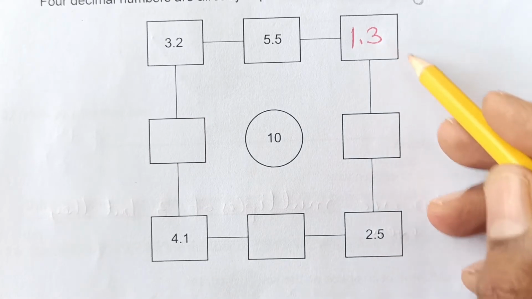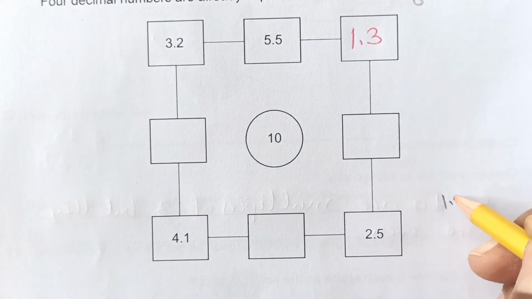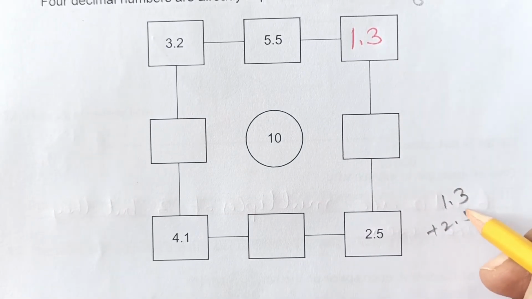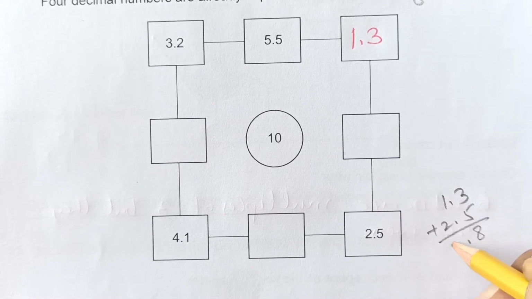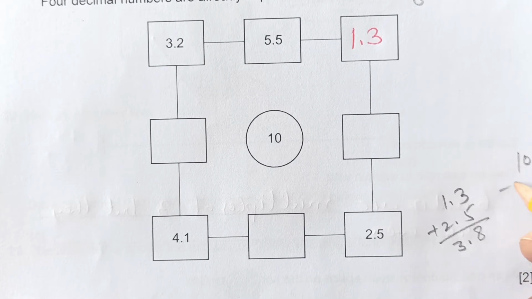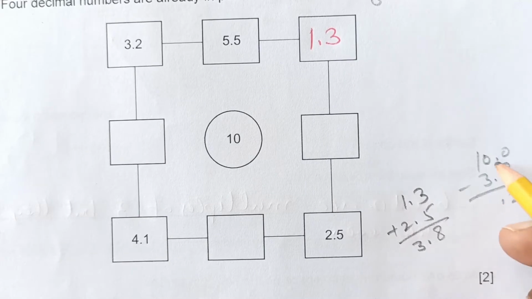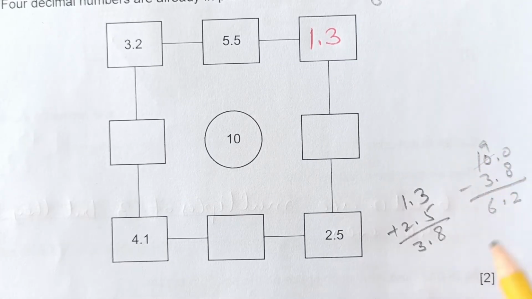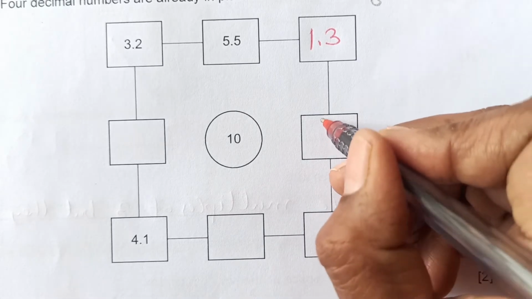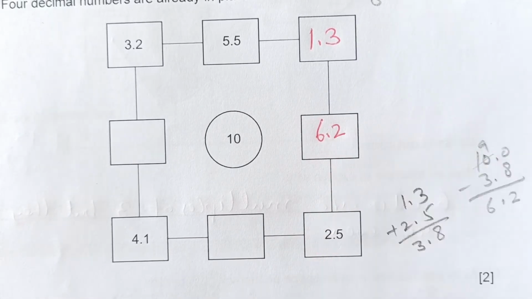So 1.3 plus 2.5 is 3.8. So 10 minus 3.8 is 6.2. So we have 6.2 here, right?